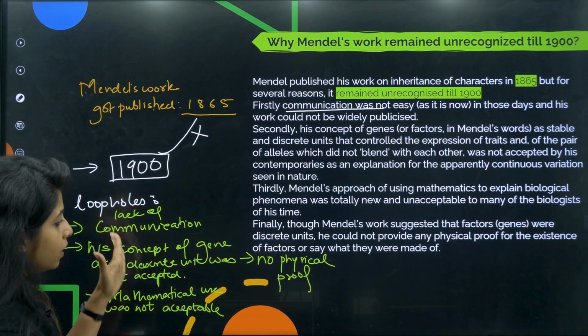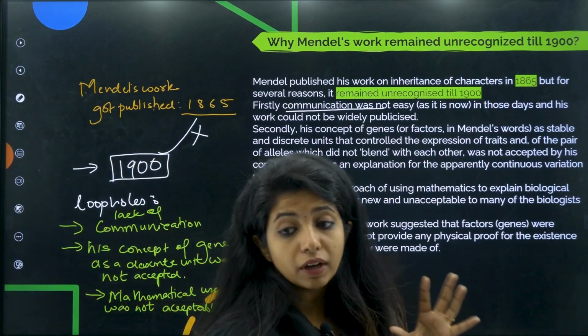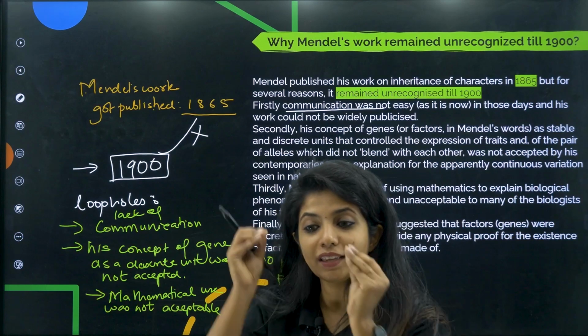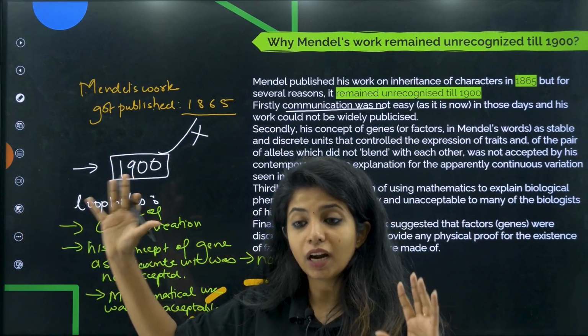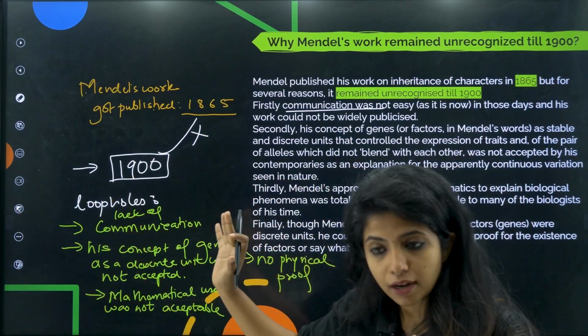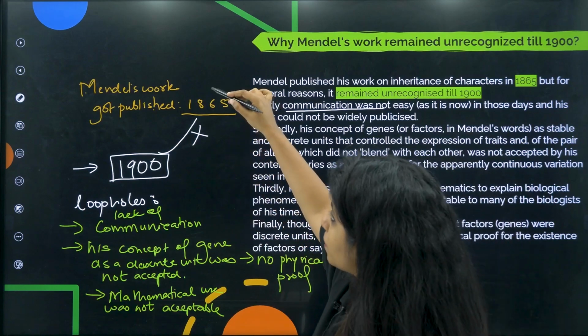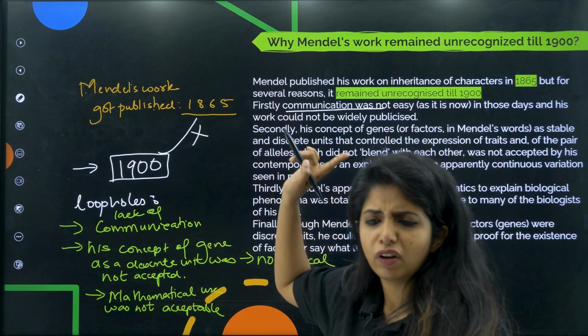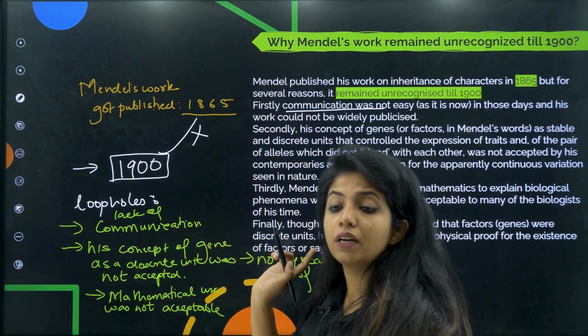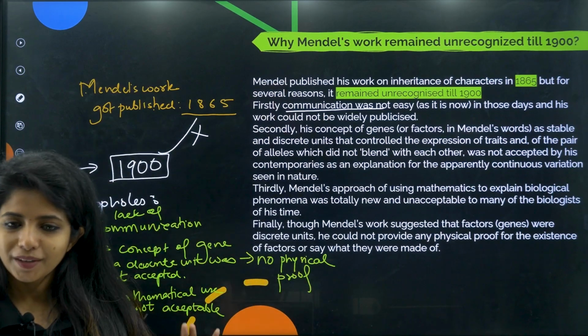That is why there were problems for almost 35 years. Just imagine, you being 35, that many years his work was not recognized. Mendel's work was published in 1865, please remember it. Until 1900 it did not get any recognition.